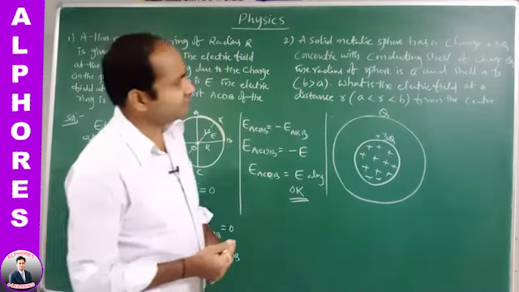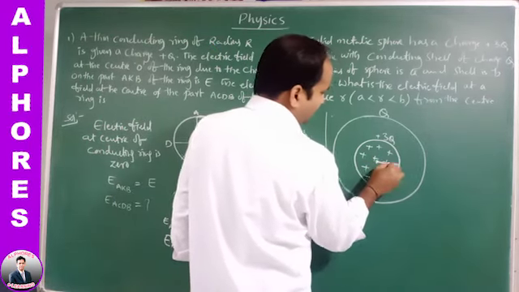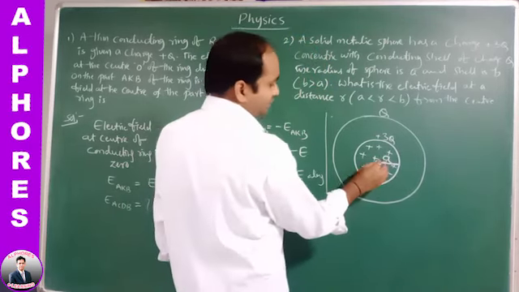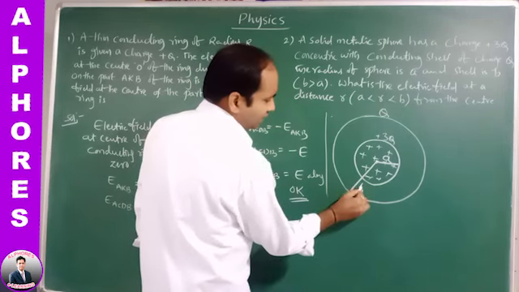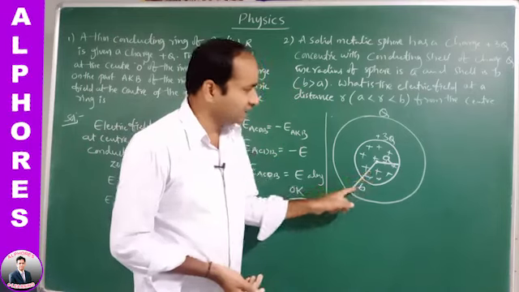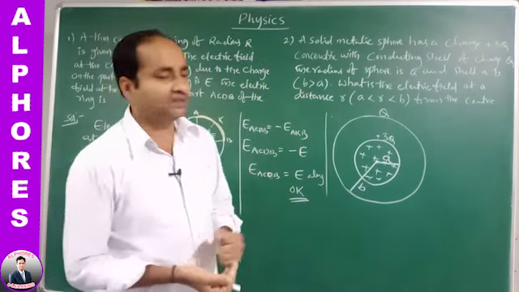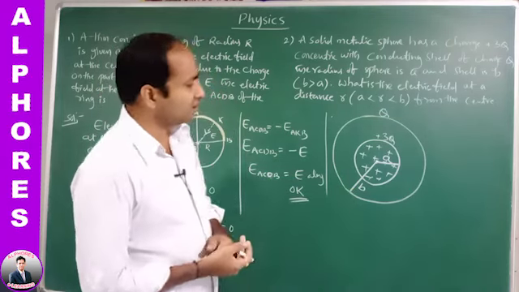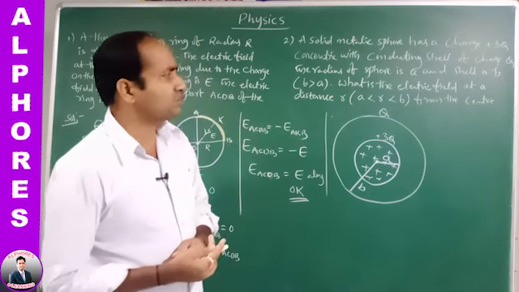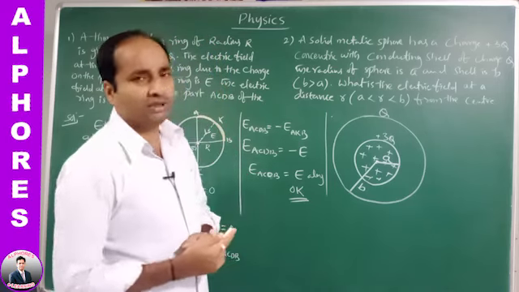The radius of sphere is A. This is A here. Radius of the sphere is A, and that of the shell is B. And the given is B is greater than A. Already from the diagram also we can say that the radius of the shell B is greater than the radius of the solid sphere A. What is the electric field at a distance small r which is greater than A and less than B?